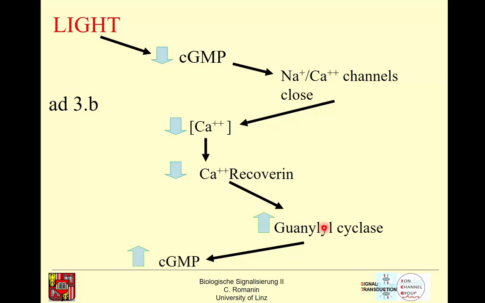That is actually what is happening here. Recoverin activates guanylyl cyclase, which now synthesizes cyclic GMP from GTP. Cyclic GMP increases in the cytosol, binds again to the sodium calcium channels, they get opened again, and we have this steady state influx of sodium and calcium which leads to the depolarized state in the dark.